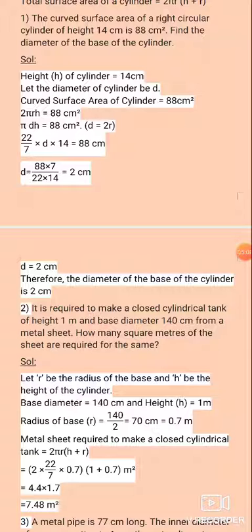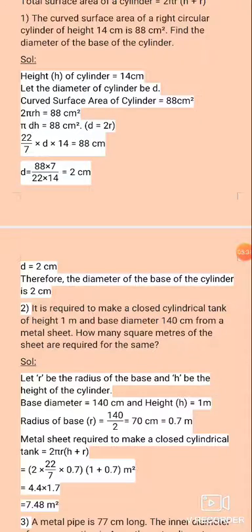So 0.7 by 7 is what? 0.1. So 44 into 0.1 is what? 4.4 into 1 plus 0.7 is what? 1.7. Now the product is what? 7.48 meters square, which is the metal sheet area to make this closed cylindrical tank.